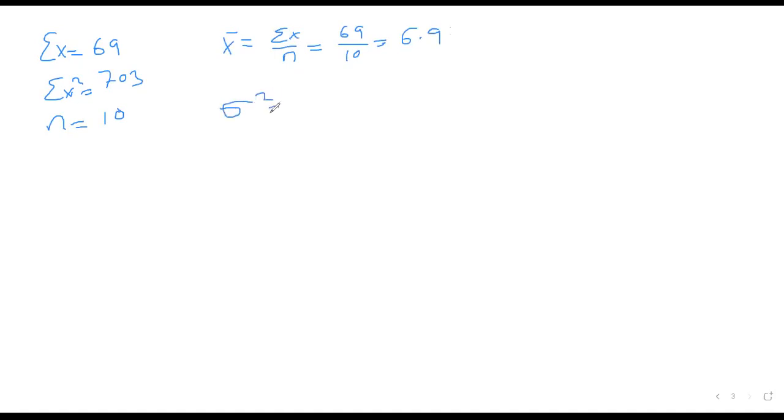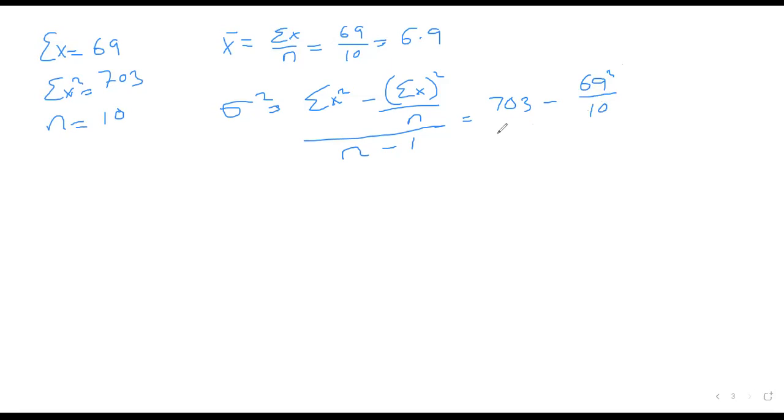The variance is given by summation of x squared minus summation of x squared over n, everything over n minus 1. So 703 minus 69 squared divided by our n, which is 10, everything over 10 minus 1.